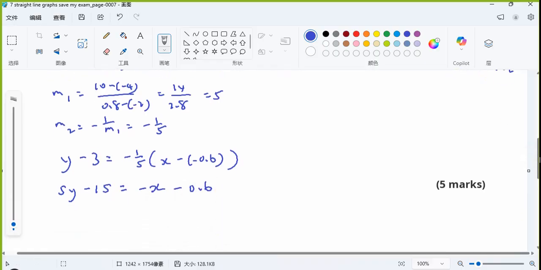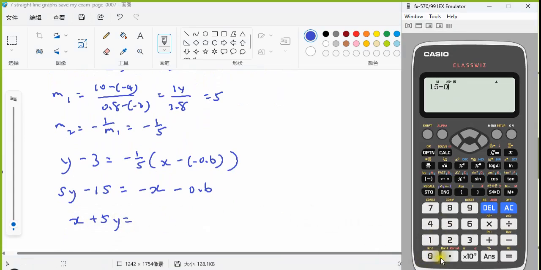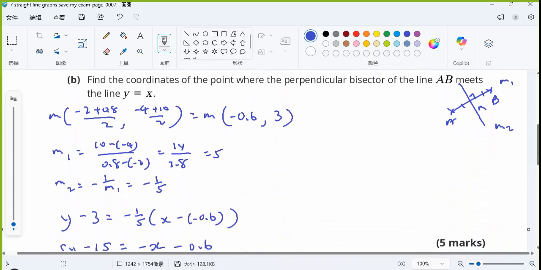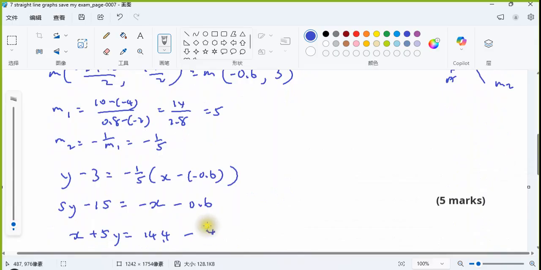And then we will have x plus 5y equal to 15 minus 0.6, which is 14.4. We have equation 1, 2, so this is 3 and this is 4.